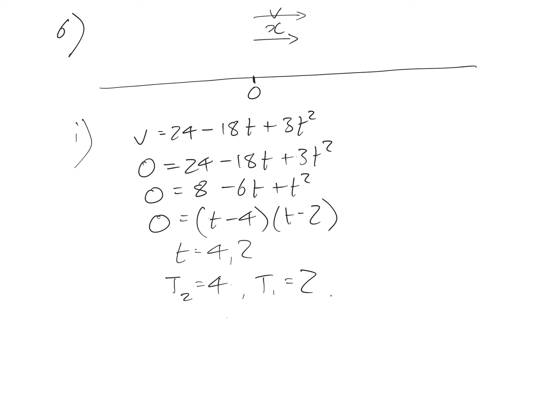Find the expression for x at time t. So x, initially the particle is at O, so initially the displacement is 0, so x equals the integral of 24 minus 18t plus 3t squared between 0 and t.